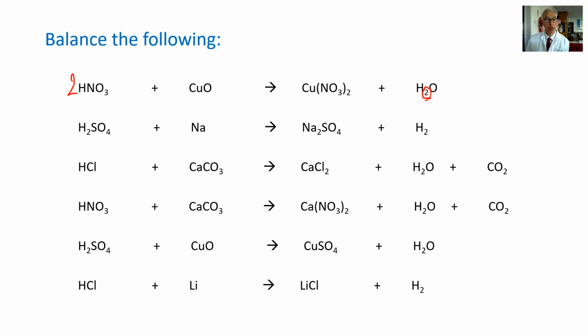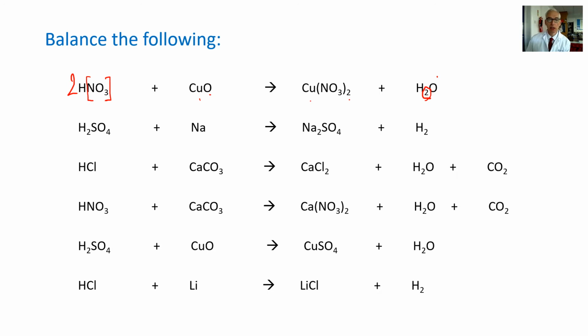But we've also therefore got 2 nitrates, which we keep as a radical or a unit, and we'll see we've got 2 of them here already. We've got 1 copper on 1 copper, 1 oxygen and 1 oxygen here. So the balancing simply requires a 2 in front of nitric acid, HNO3, or hydrogen nitrate if you prefer. So I'd like you to pause the video and try the second equation.